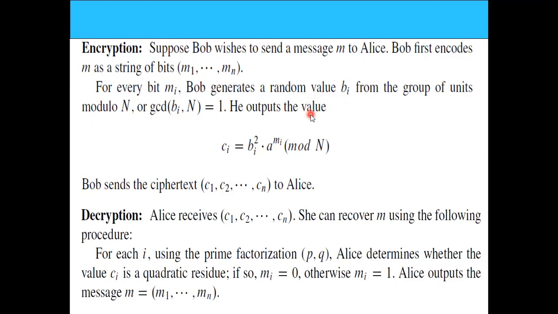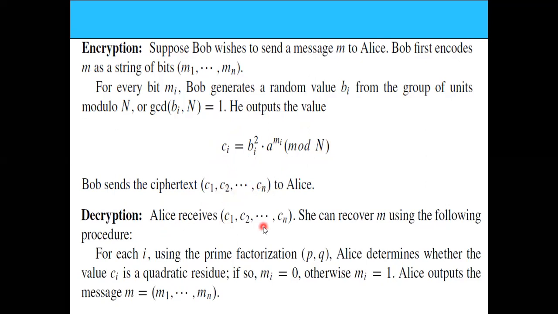He outputs the value ci equal to bi squared times a to the power mi, mod n. For each bit you apply this encryption algorithm, and you get the corresponding c1, c2, up to cn. And Bob will send all these c's to Alice.